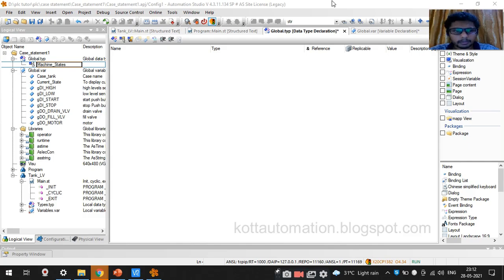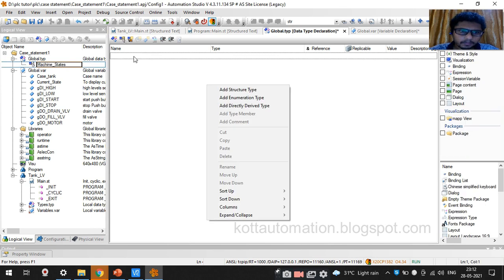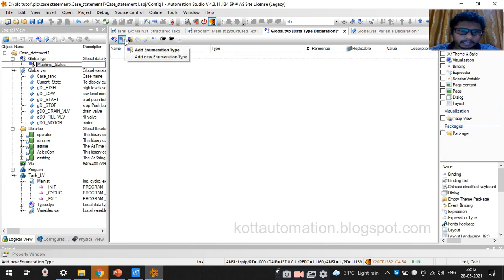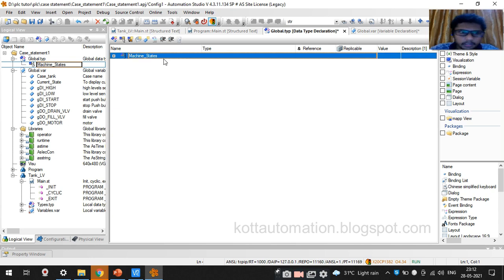Let us start with the programming. The first step is to go to the global type, add enumeration type, machine states, enter.